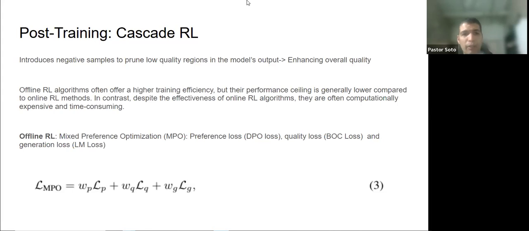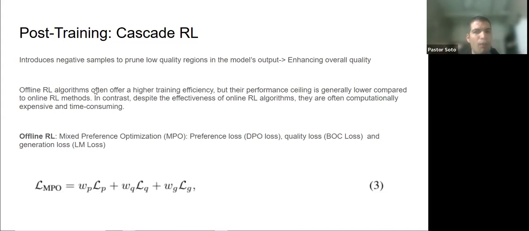Usually offline reinforcement learning algorithms offer higher training efficiency, but the performance is capped or lower compared to online reinforcement learning methods. Online reinforcement learning methods are time consuming and expensive to run, because you generate the response for each prompt.